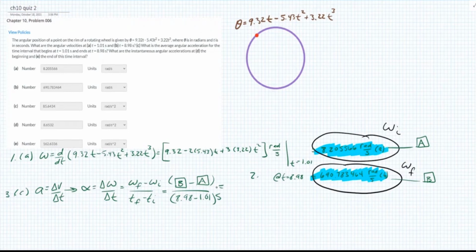Okay. Again, careful with units, radians per second squared. That's the answer to part C.